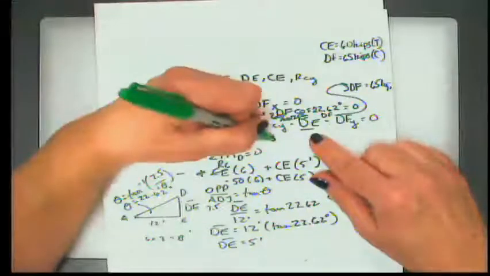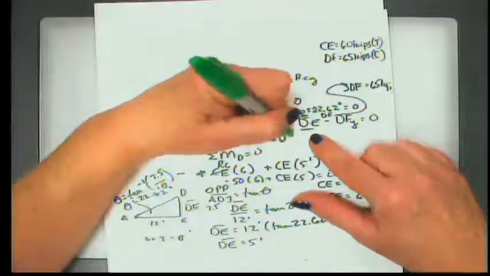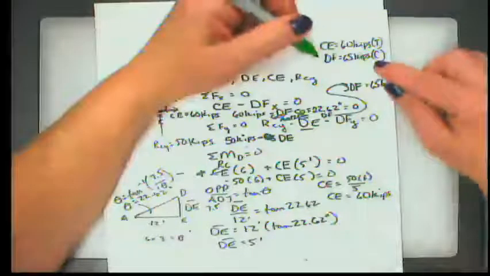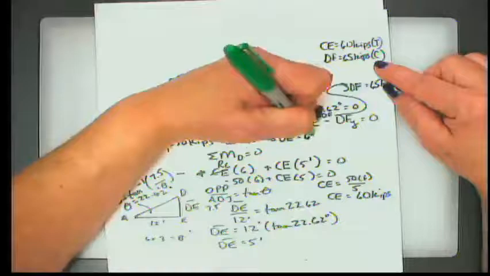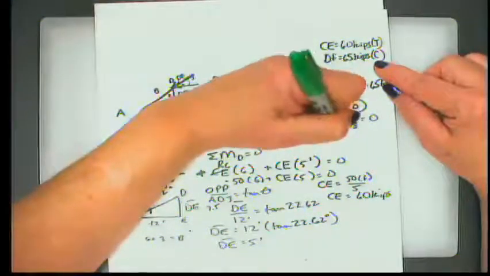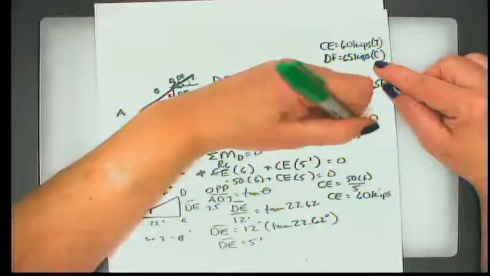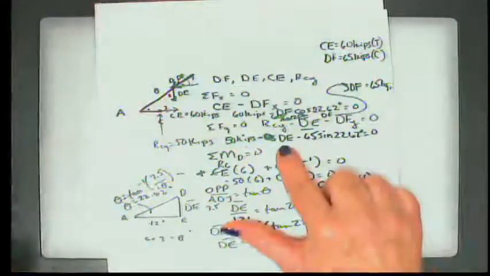Oh, D sub E is my unknown, I apologize. D sub E, which is purely vertical, and then minus D sub F in the y direction, which is 65, times the sine of that angle, 22.62 degrees. Those three things added together equal 0.